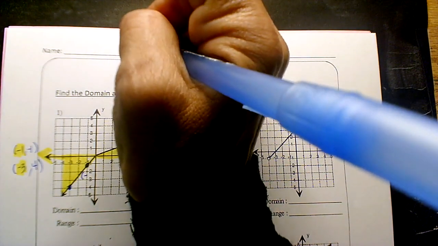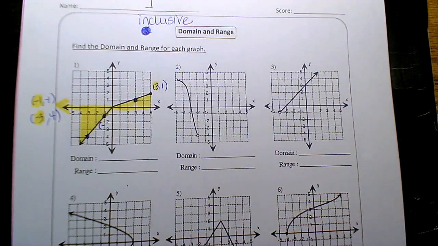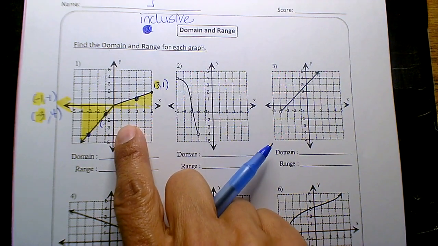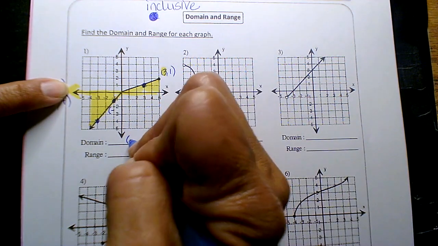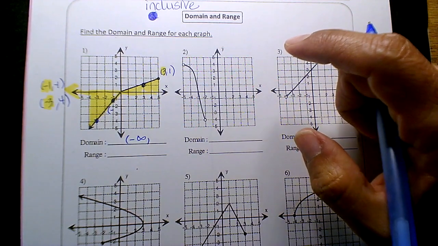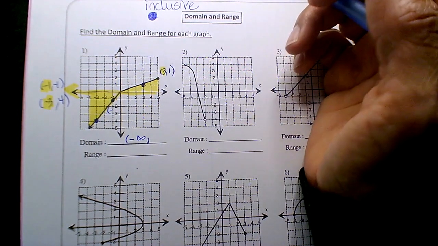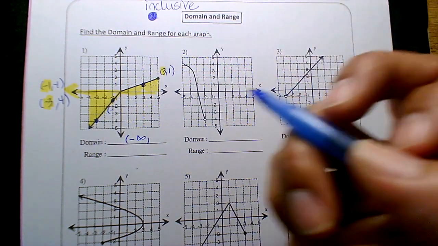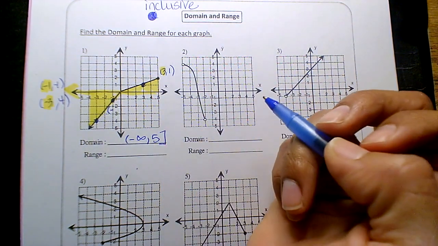So you know this is a bracket, yeah? Do you remember that? Okay, so inclusive bracket, so what your domain would be in terms of negative values is negative infinity, but where does it stop? It stops at the filled in dot, and what number is that on the x-axis? 5, and that gets a bracket.